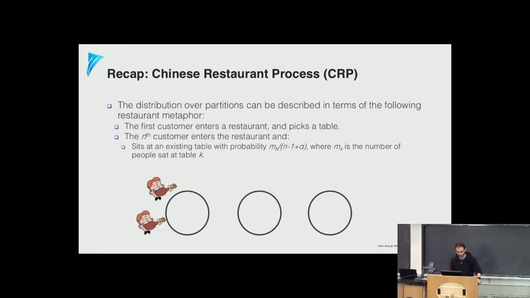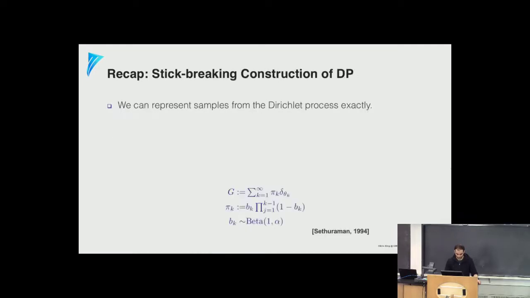More popular tables have a higher probability of being selected by new customers. And there is some base probability of not selecting any of the existing tables, but selecting a new table. That was the metaphor introduced in the last lecture.